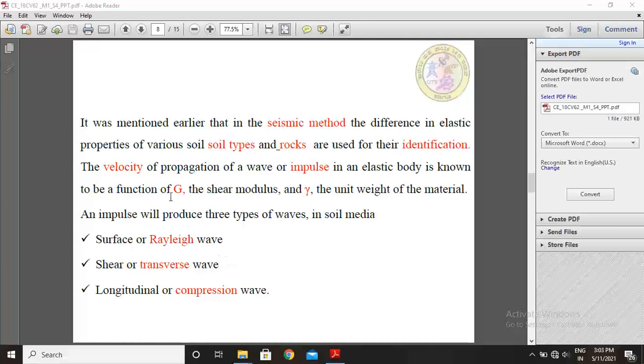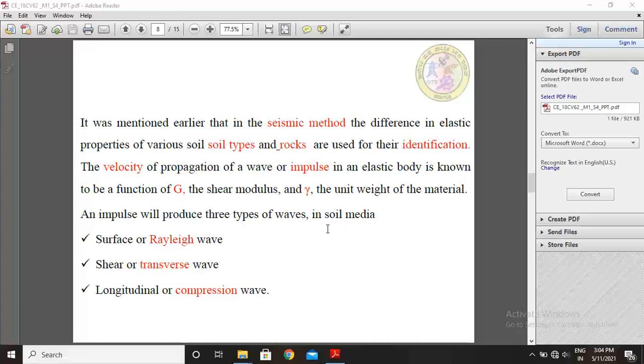It was mentioned earlier that in the seismic method the difference in elastic properties of various soil types and rocks is used for their identification. The velocity of propagation of a wave or impulse in an elastic body is known to be a function of G, the shear modulus, and gamma, the unit weight of the material.